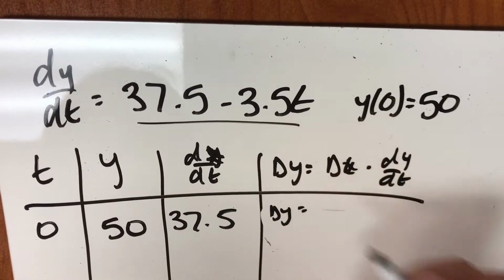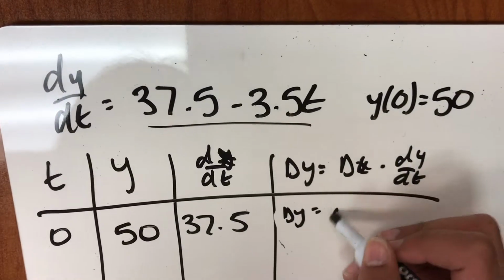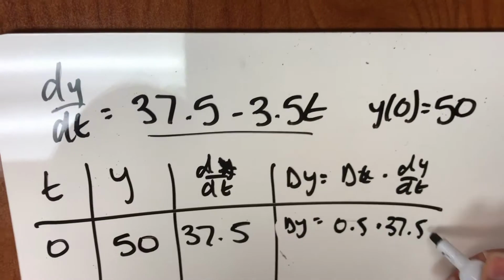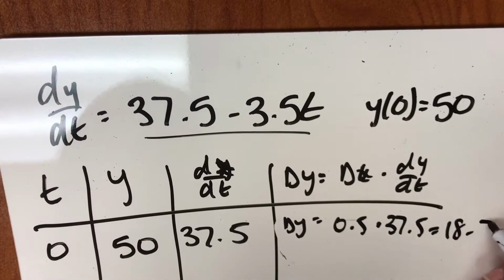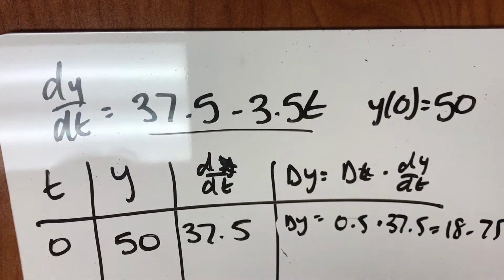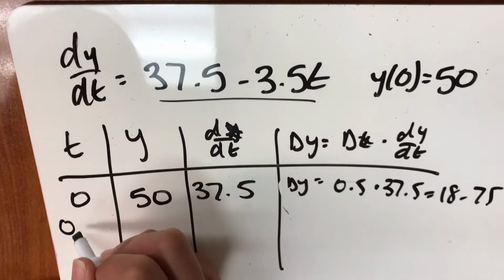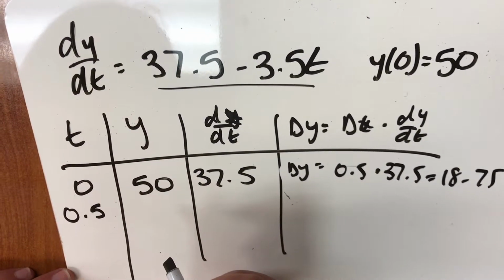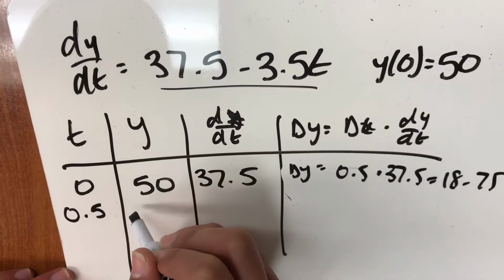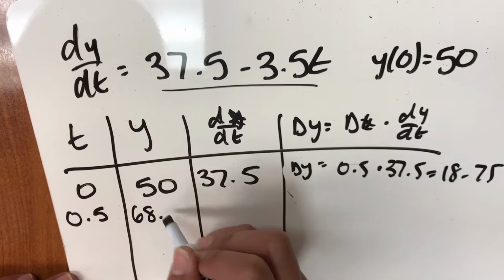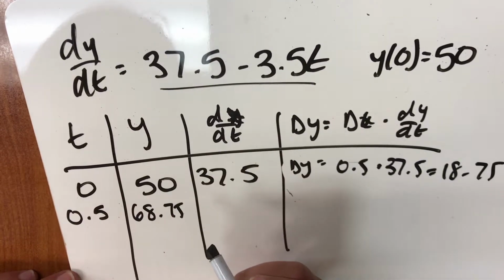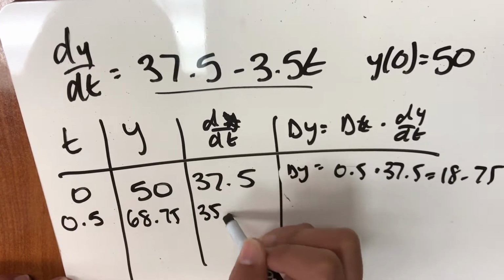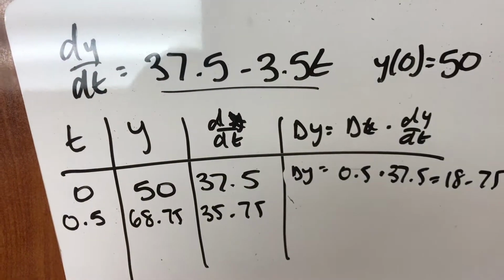So what would that be? 0.5 times 37.5, which is 18.75? Yep, so when t is equal to 0.5, y is 50 plus 18.75, or 68.75. And the derivative at this point would be 35.75 when we plug in t and y.